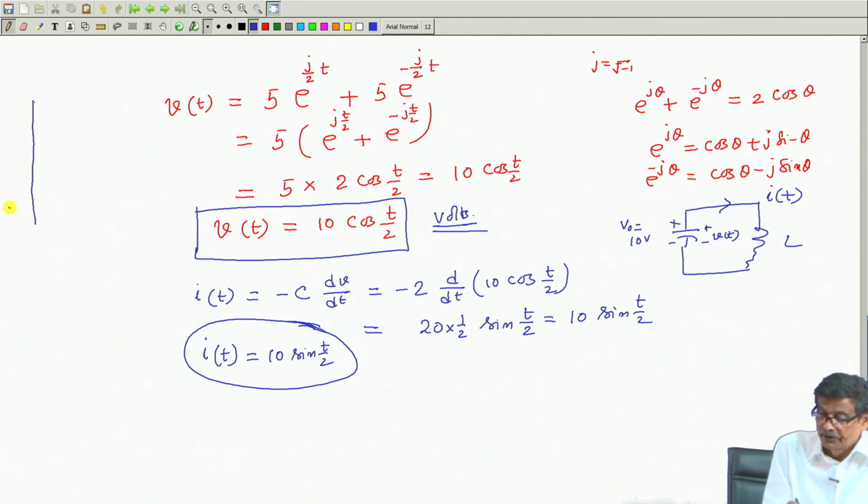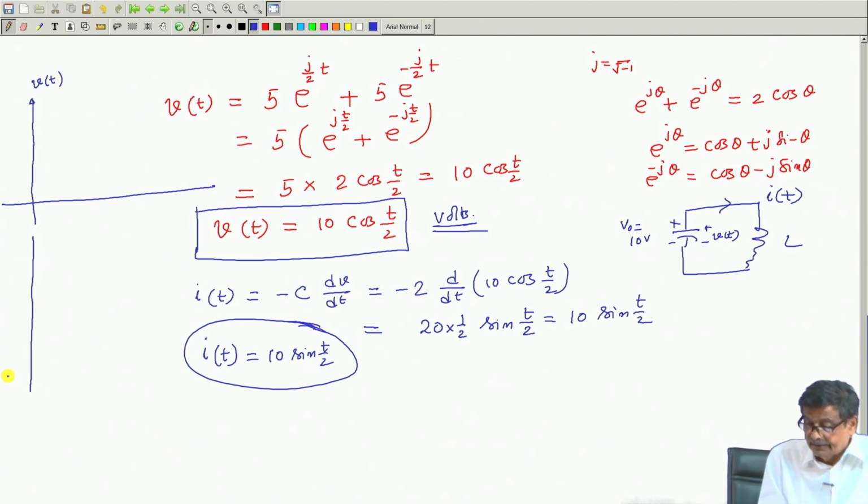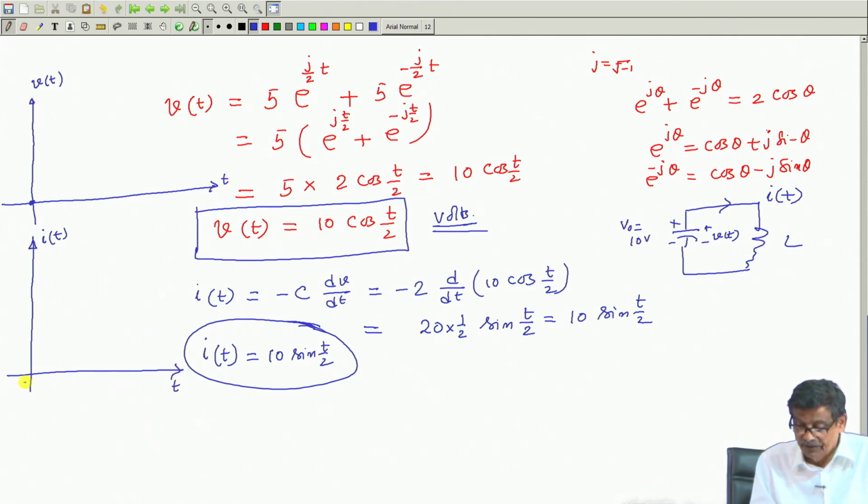So, I want to sketch capacitor voltage V(t) and the current in the circuit i(t). At t equal to 0, I did the switching.